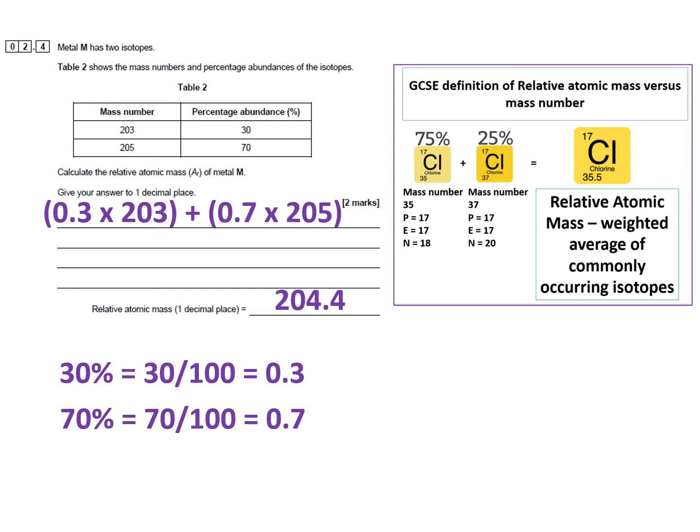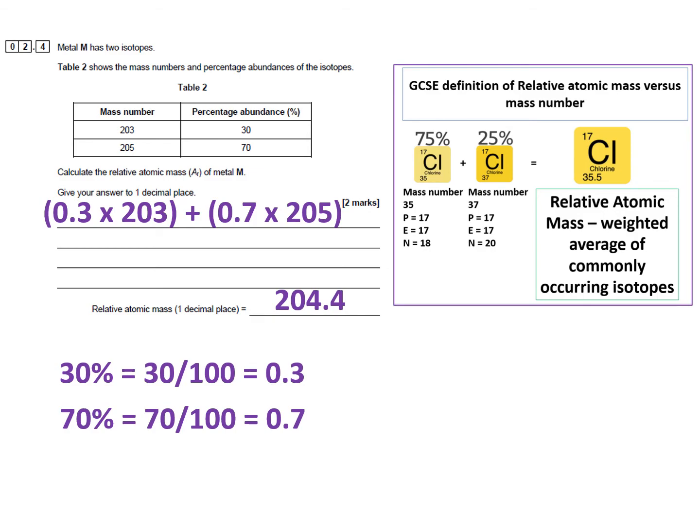Add those two together and you will get 204.4. You could equally well do 30 times 203 and 70 times 205 to work out the mass of 100 atoms and divide your final answer by 100 to get 204.4.